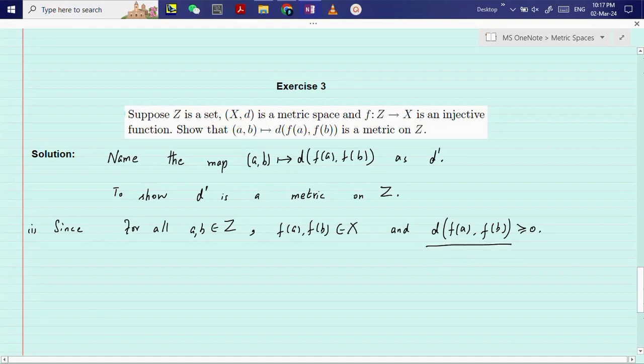This is equal to d dash of AB, because we name this map as d dash.